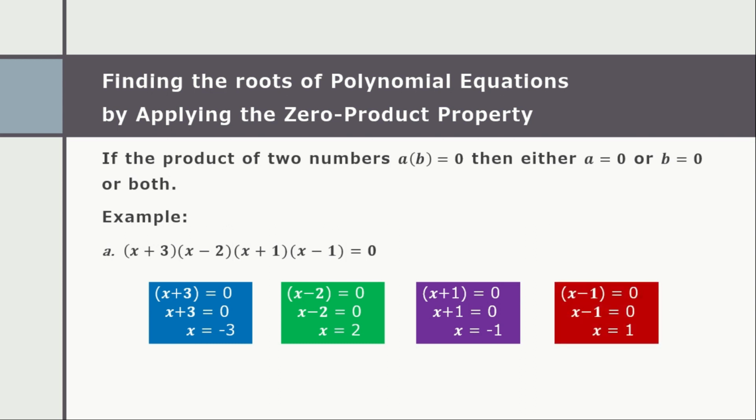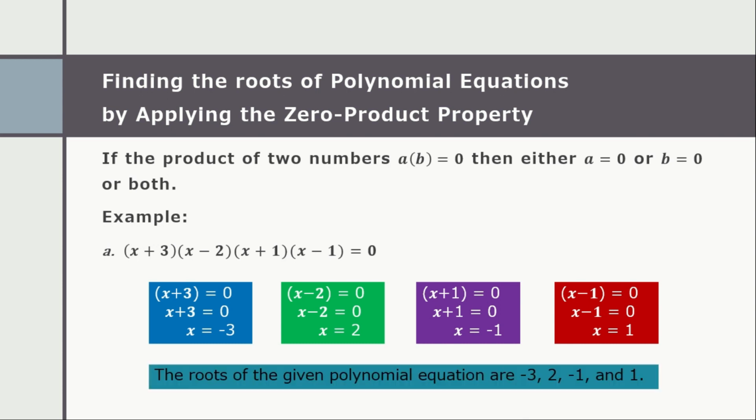Then the last one is x minus 1 equated to 0 will give us x minus 1 equals 0. Transposing negative 1 will give us x, which is equal to positive 1. Therefore, the roots of the given polynomial equation are negative 3, positive 2, negative 1, and 1.